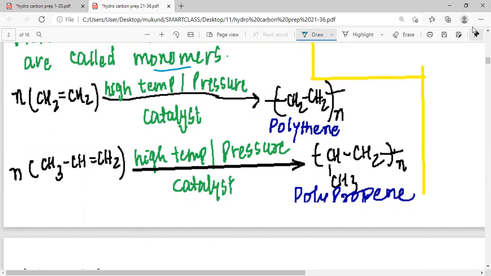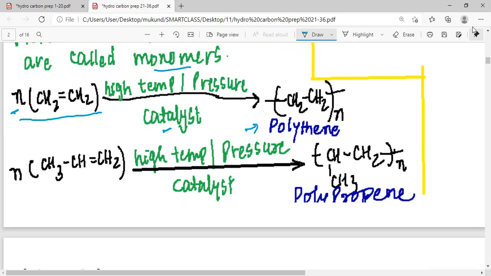Now let us see how polythene is formed. If you take a huge amount of molecules of ethene, and for that we put n, so n represents the huge amount of molecules of ethene at high temperature and high pressure, in the presence of a catalyst it is converted to polythene.